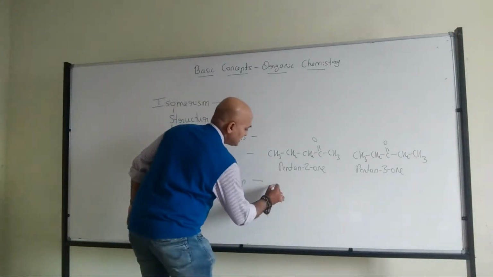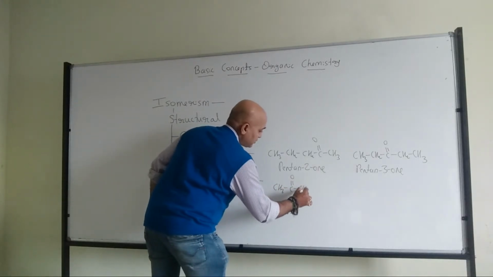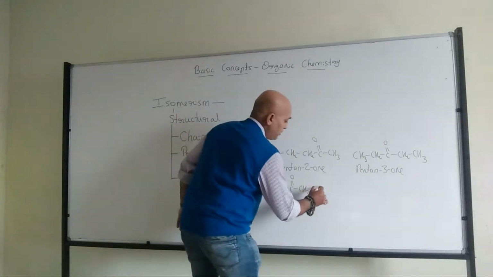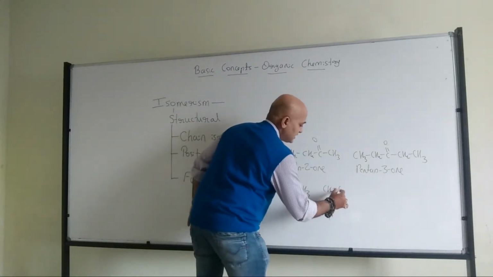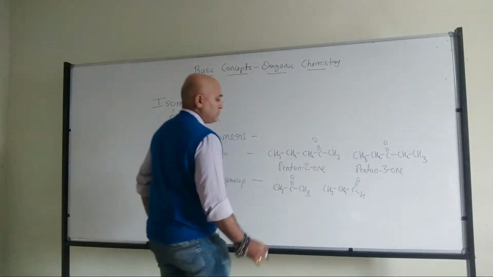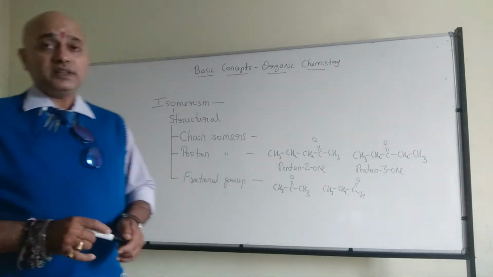What I mean to tell you is acetone means propanone. This is the one, acetone or propanone. All the same. Another one will be CH3, CH2, CHO. So propanone and propanal can be the examples.